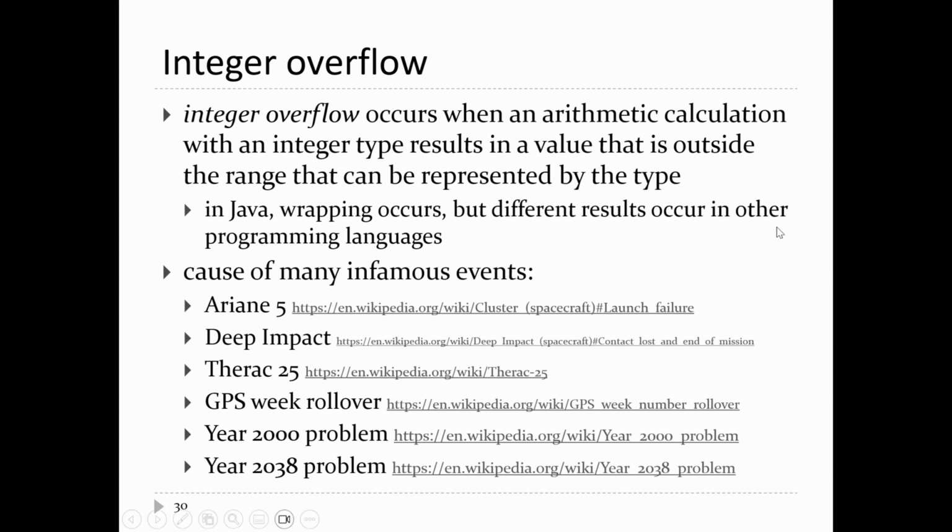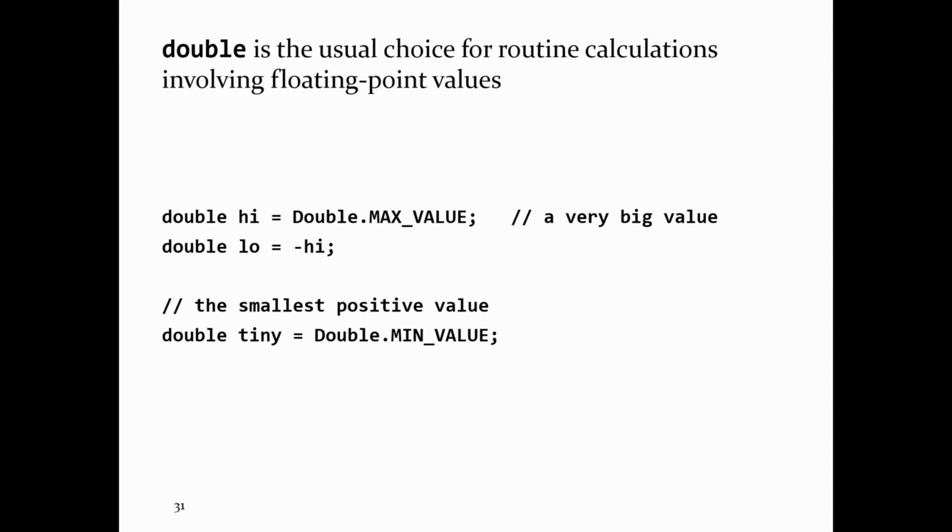All right, so what happens if you don't want integer values? So you want to compute things using values that look like real numbers. If that's the case, then you want what's called a floating point type. The usual choice in Java is the type called double, which is a bit unfortunate because in Python, you might know that the type is called float. The corresponding float type in Java is not the same as the float type in Python.